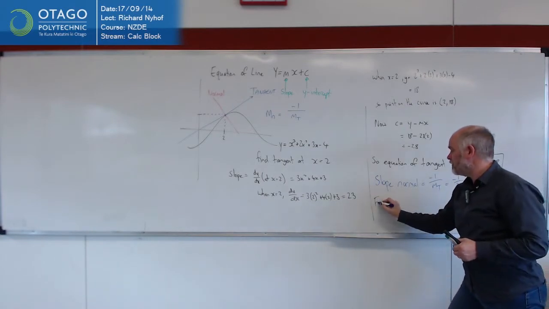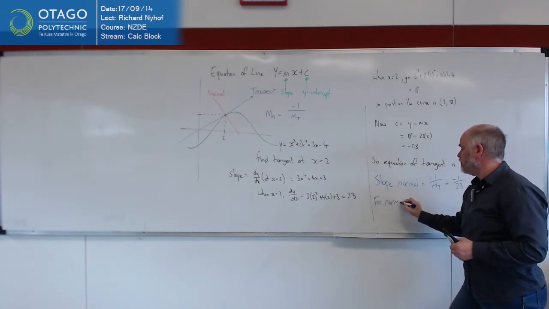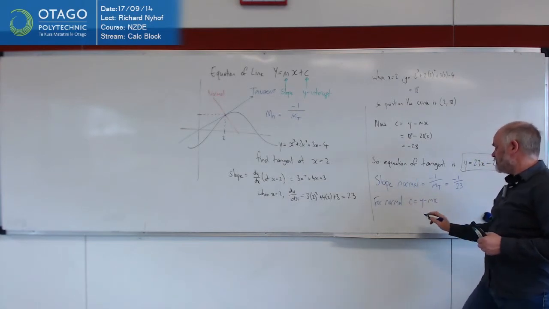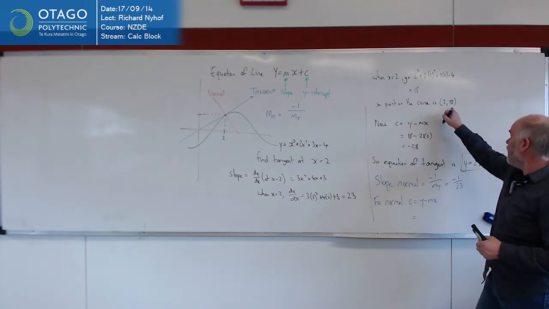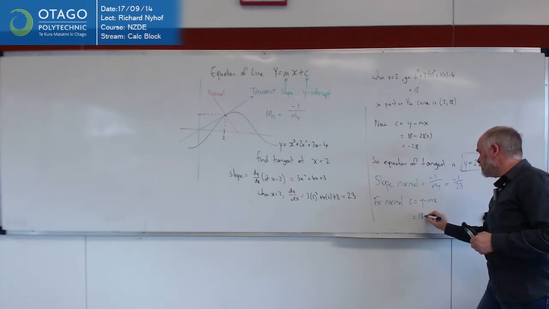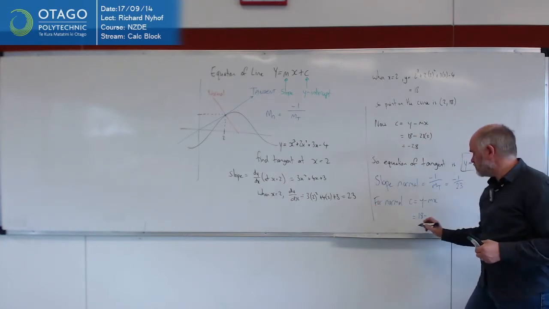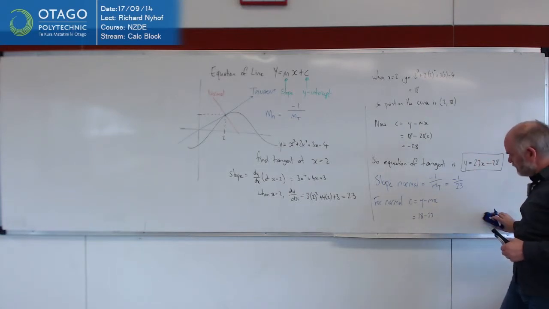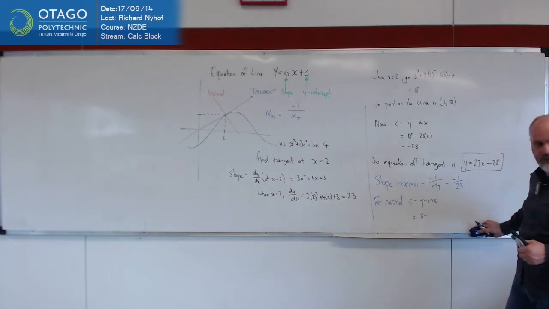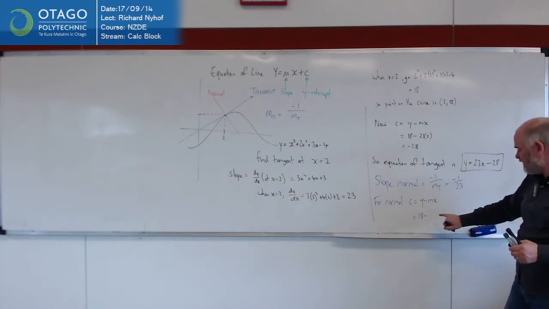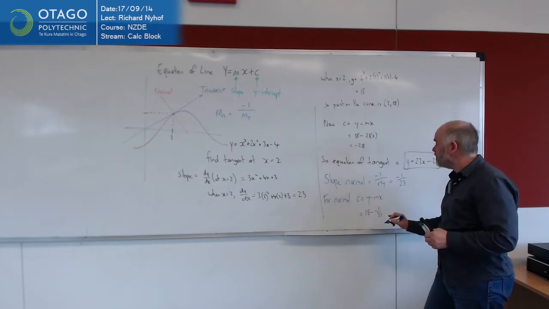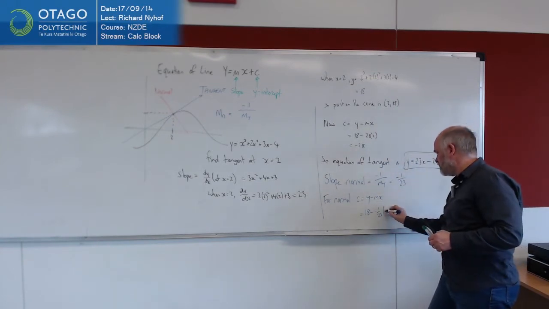So for the normal, c equals y minus mx. y is still 18, minus m is still 23. No, it's not. That's a big lie, isn't it? m is now the m for the normal. So m for the normal is negative 1/23, and x is 2.